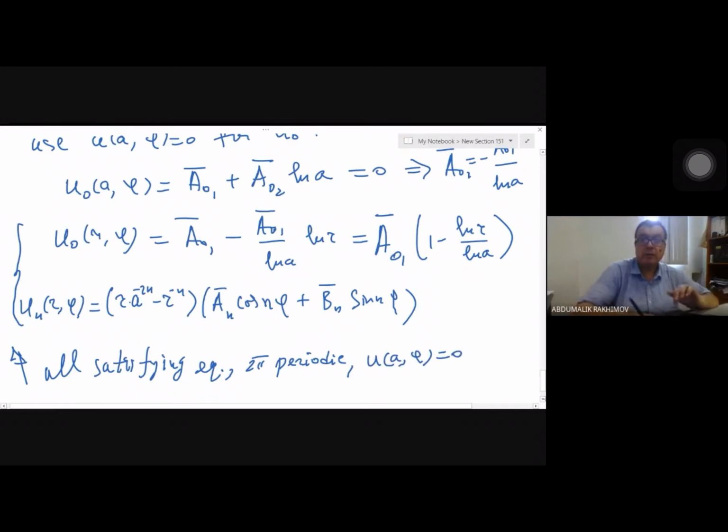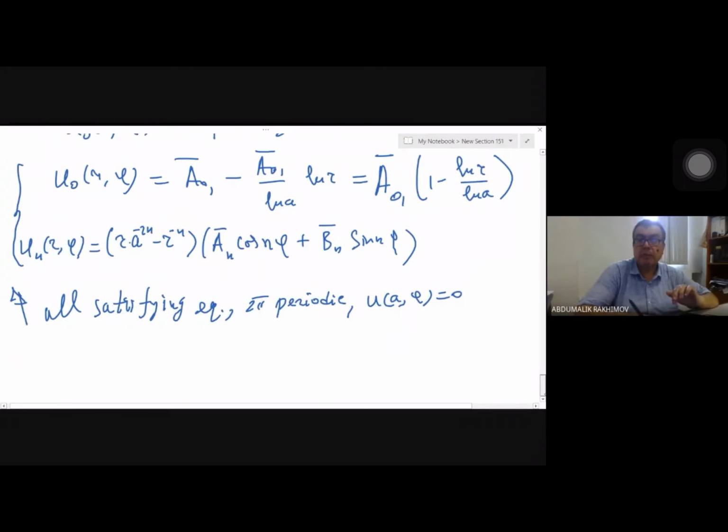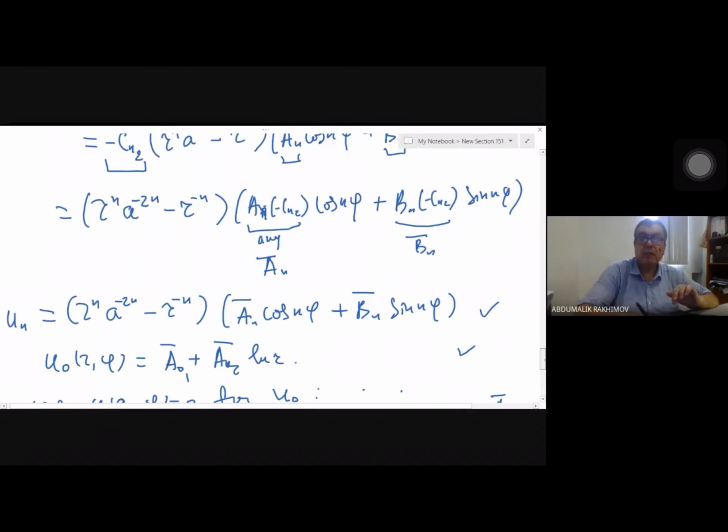All of them satisfy these three conditions.